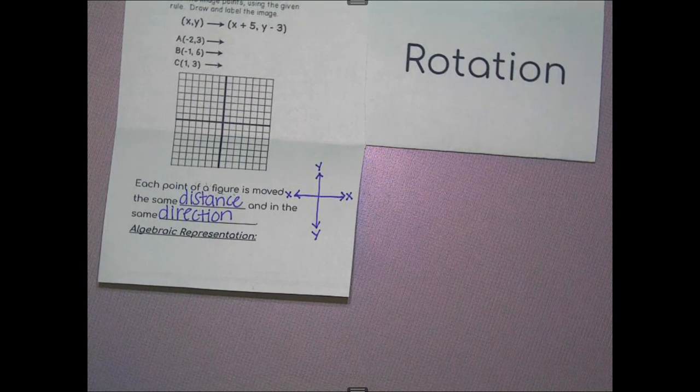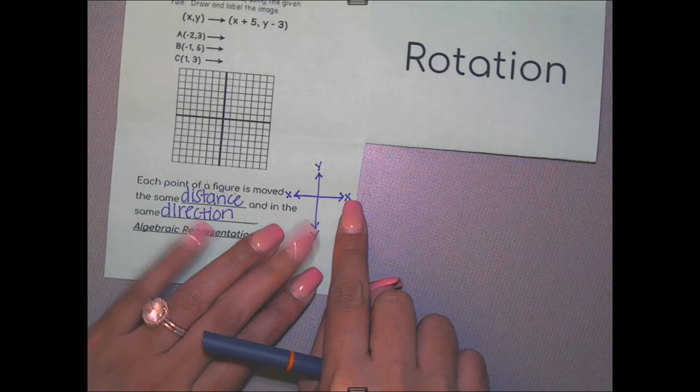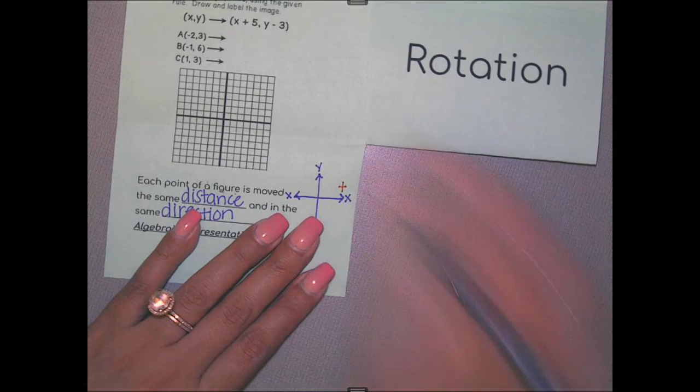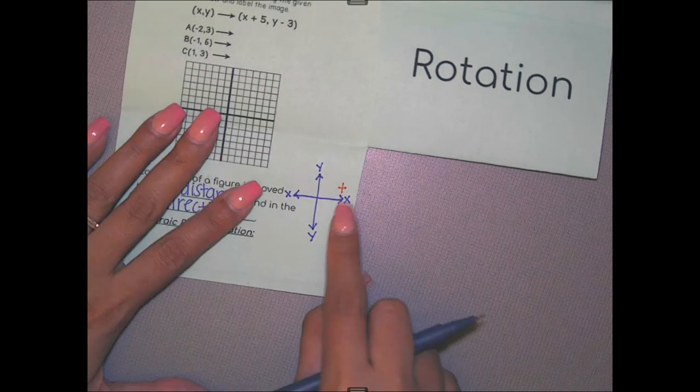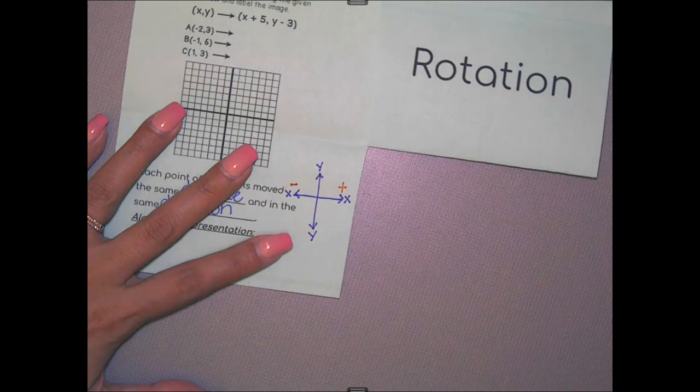And then we're going to make this note that on our x-axis, when we go to the right, those numbers are positive, so we're going to put a plus sign there. On our x-axis, when we go to the left, those numbers are negative, so we're going to put a negative sign. And then we're going to talk about the y-axis.